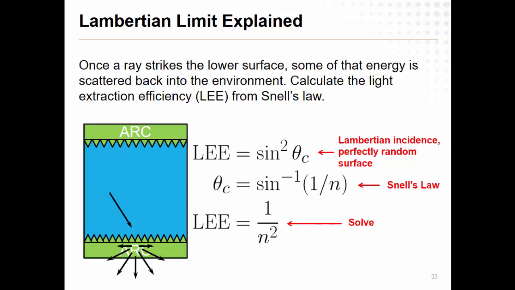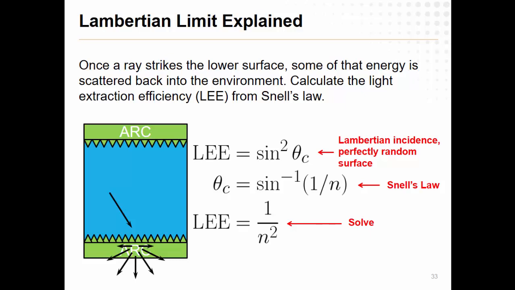So then when the ray strikes the bottom, some fraction of energy falls out, and another fraction scatters back in. So you do some basic optics, some Snell's law approximations, and you have your escape cone issue here, and you have what's called a light extraction efficiency. So some fraction of the light hits here and escapes, and the other reflects.